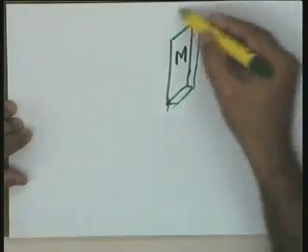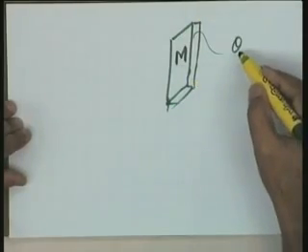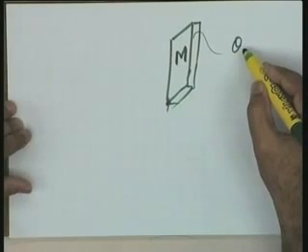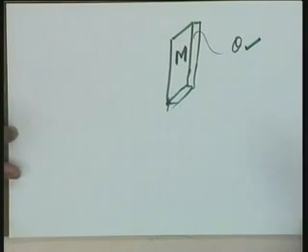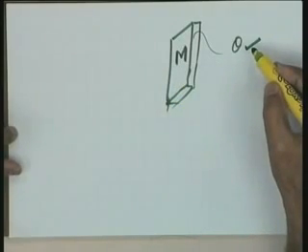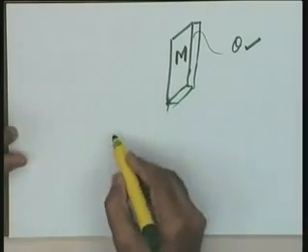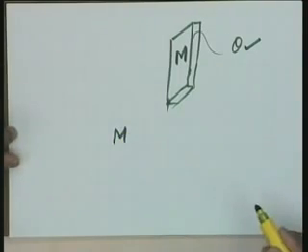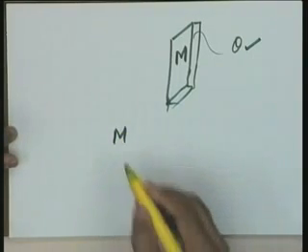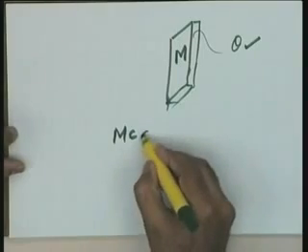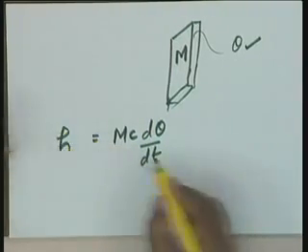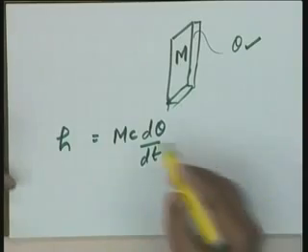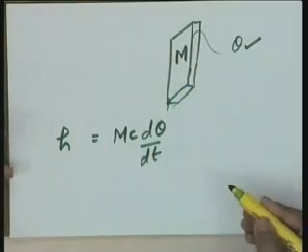That is why the total mass is being modeled as a point mass at temperature theta. The total heat storage in this particular case is mc, and the consistency in the units can be taken. C is the specific heat of the system.